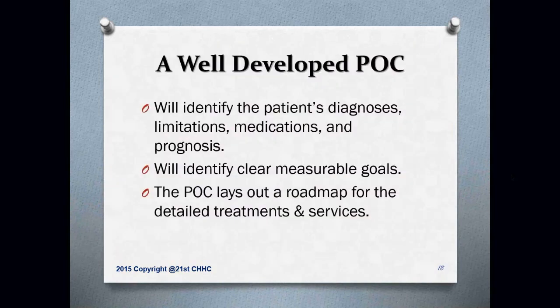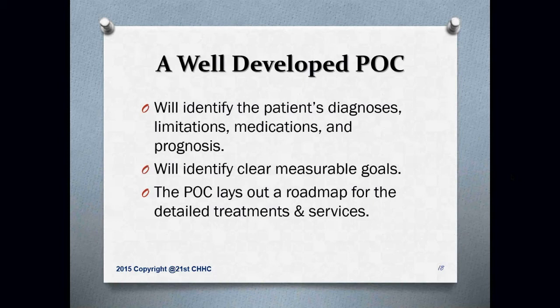So a well-developed plan of care is going to include the patient's diagnosis, any limitations that the patient has, and all of the medications they're on. That includes oxygen, any herbal supplements, vitamins, any wound care supplies that they might use, ointments, and inhalers. All of those things should be listed there. The patient also should be given a prognosis.